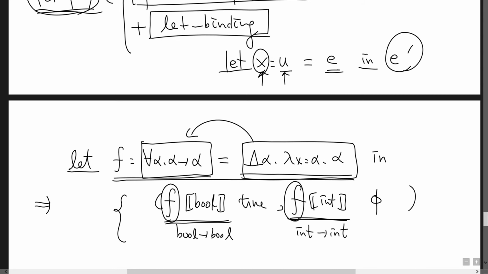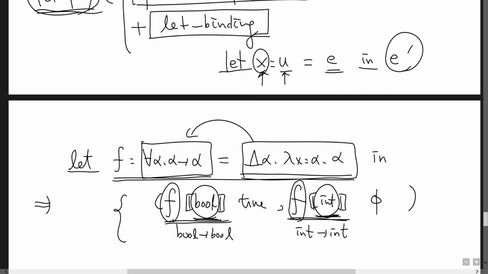We use the same function f here and here in two totally different contexts. The first uses Boolean type, the second one uses integer type. So we are applying the same function f in totally different contexts for Boolean type and for integer type.